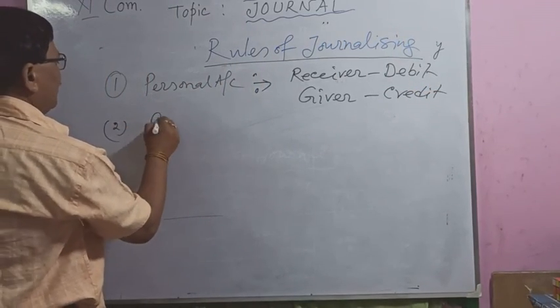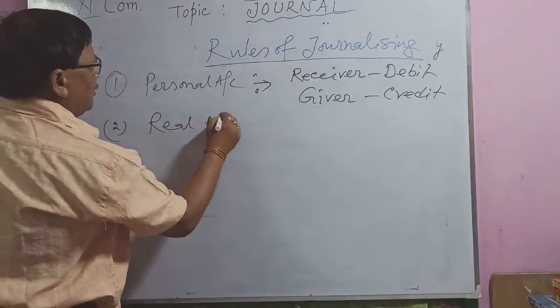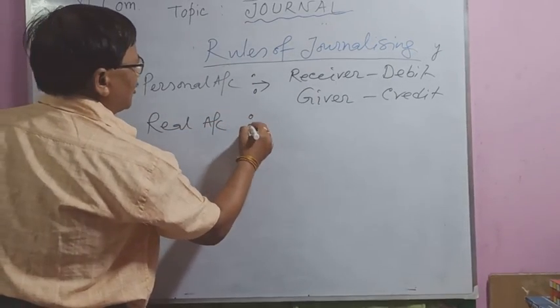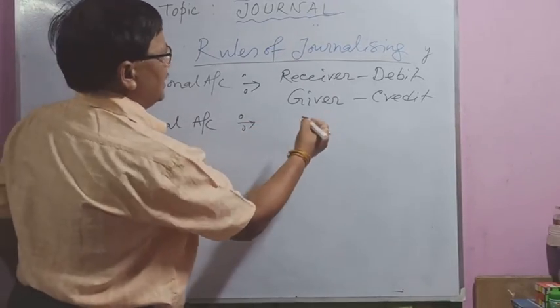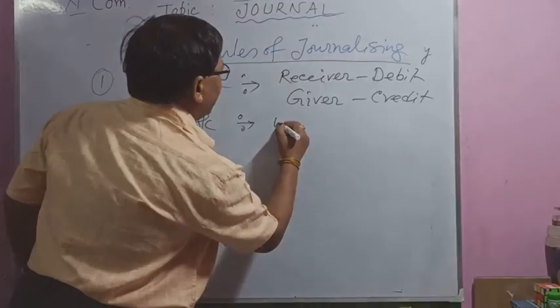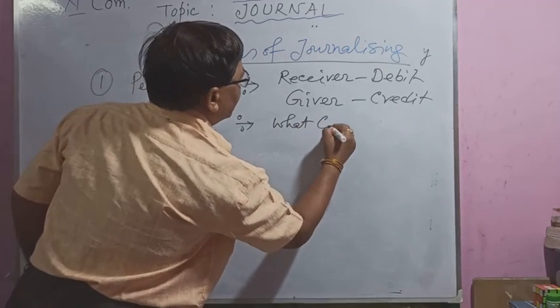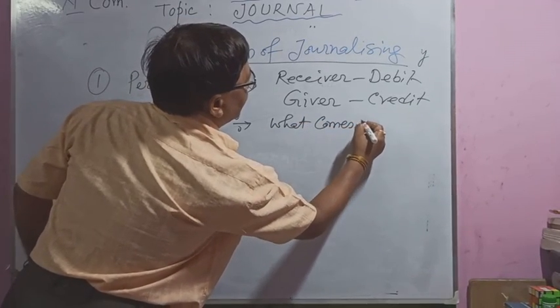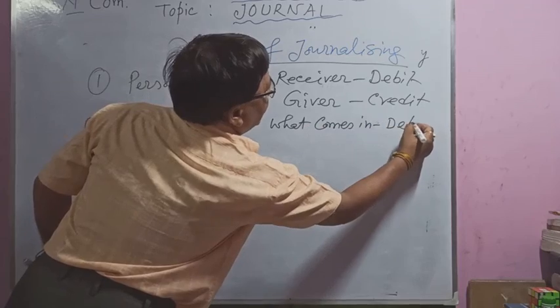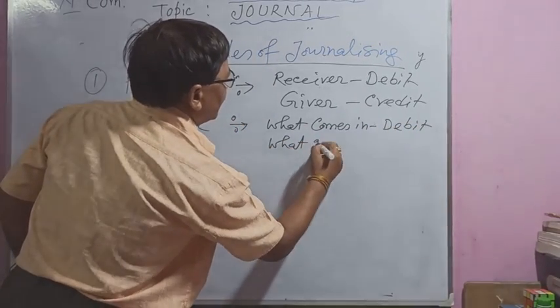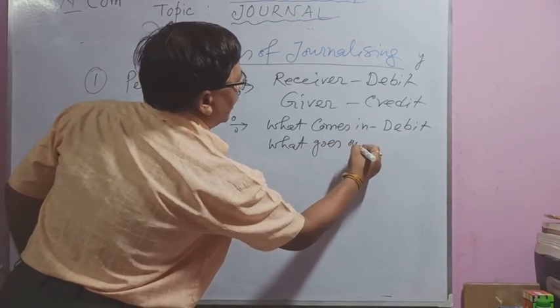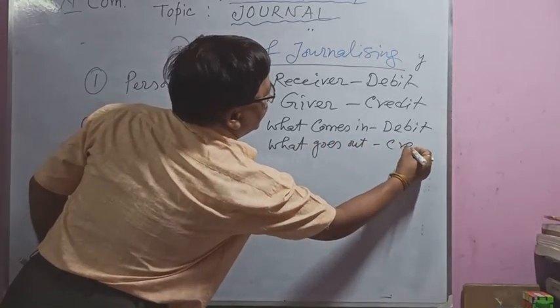Number two, real account. Real account means all accounts relating to assets, current assets, fixed assets, etc. The golden rule is: what comes in, debit, and what goes out, credit.